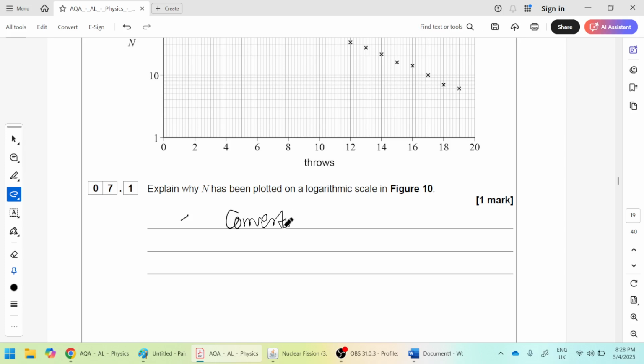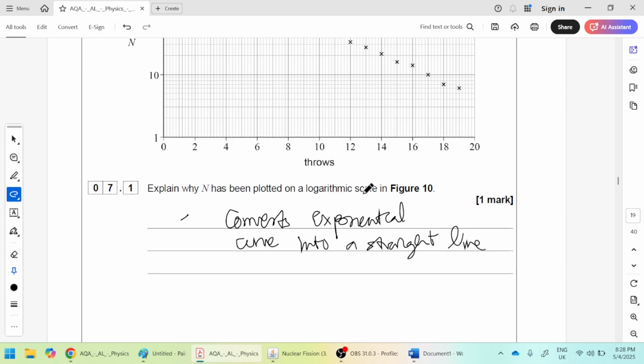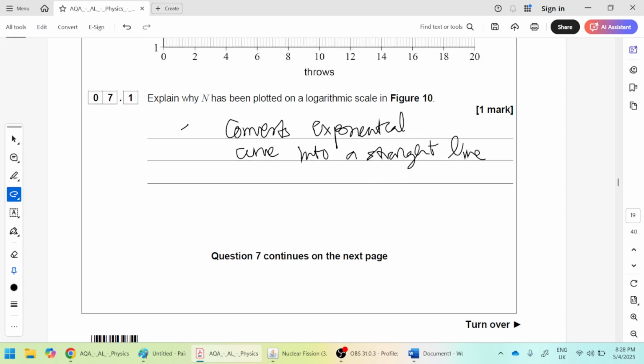Other answers, let me check. The answers that were accepted were: allows trends across a large range of data to be seen on a reasonable size of paper.